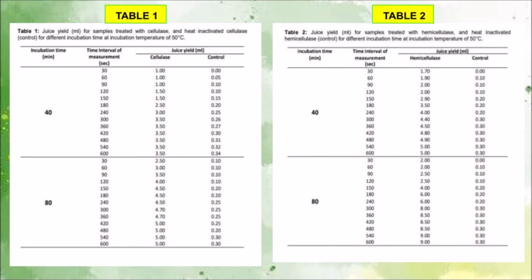Table 2 is the juice yield in ml for samples treated with hemicellulase and heat-inactivated hemicellulase control for different incubation times at an incubation temperature of 50 degrees Celsius, which is the same as table 1. The incubation time is 40 and 80, the time interval is 30 to 600 seconds, and the juice yield is for hemicellulase and control.